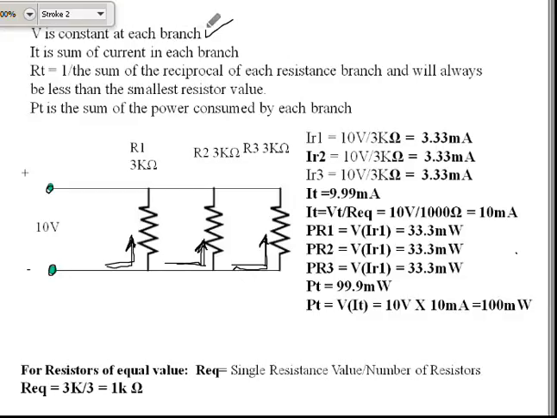Since we have multiple branches for current to flow, the total current is going to be the sum of the current flowing through each individual branch.